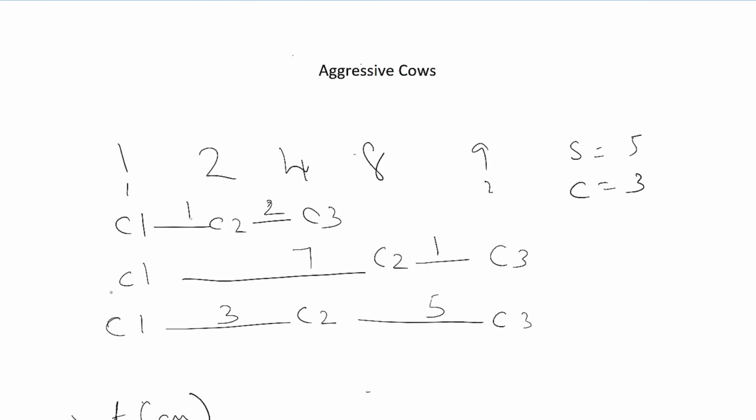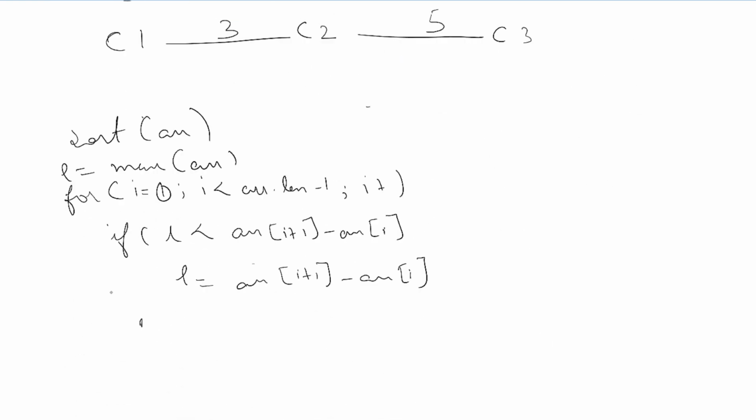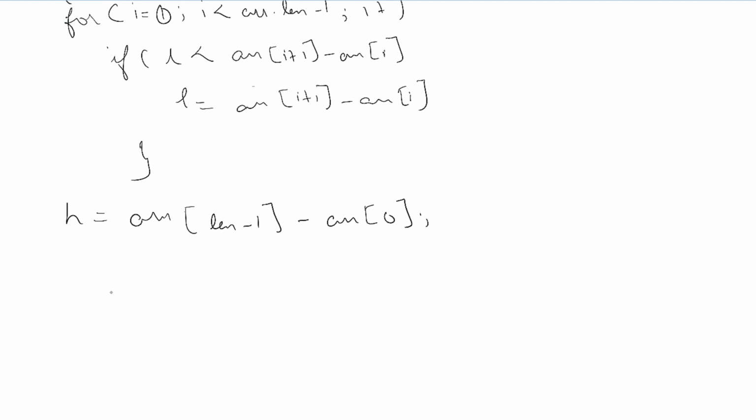Now the max minimum distance will be arr of last index minus arr of 0. So H equals arr of length minus 1 minus arr of 0. This will be our maximum possible answer. Now while L is less than or equal to H, this problem is similar to the previous problem.